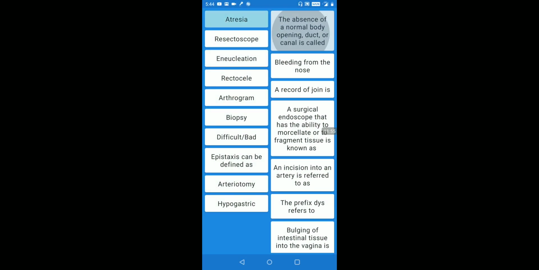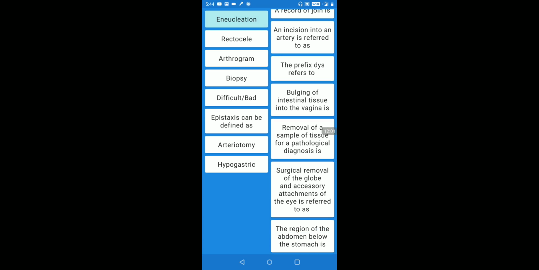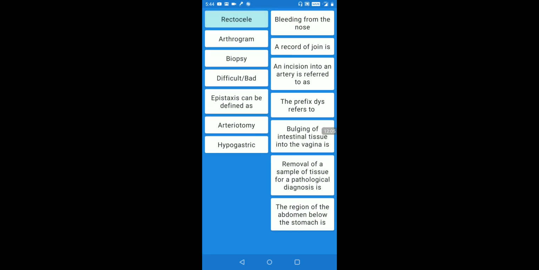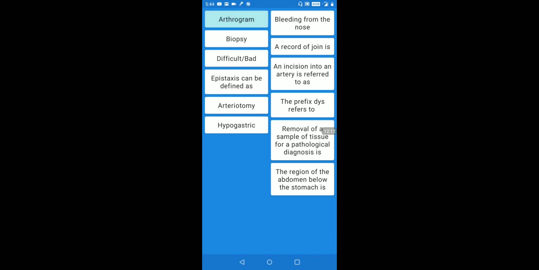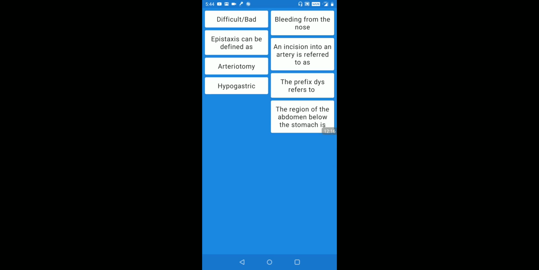Atresia, this was opening the duct. Rectoscope, remember I said scope, endoscope. This one was removal of a sample. Rectocele, this has to do with the rectum, meaning close to the vagina. This one, arthrogram, record of the joints. Biopsy, removal of sample of tissue for diagnosis.